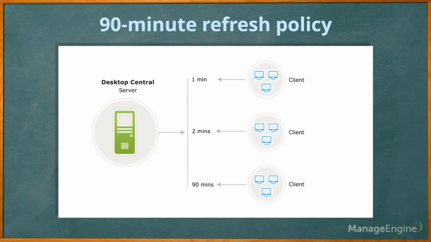For example, in a network of 90 computers, only one computer will reach out to the Desktop Central server every minute. Similarly, if you're managing 900 computers in your network, 10 computers will reach the server per minute. For larger networks like 9,000 machines, 100 computers will reach the Desktop Central server per minute. So using this feature, agents can communicate with the server without any issues.